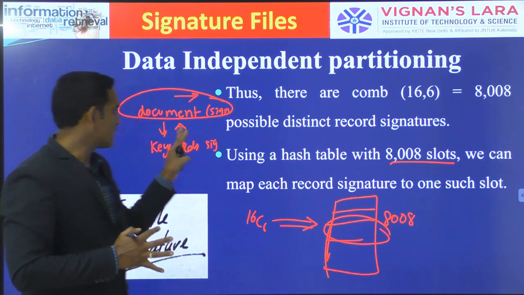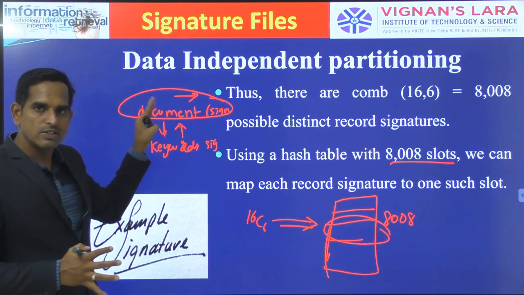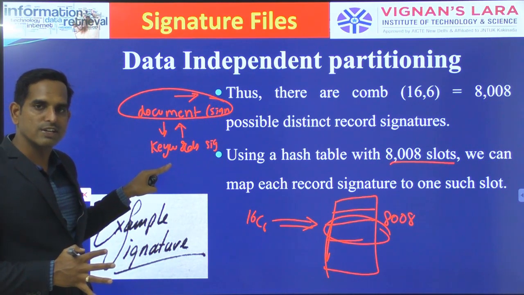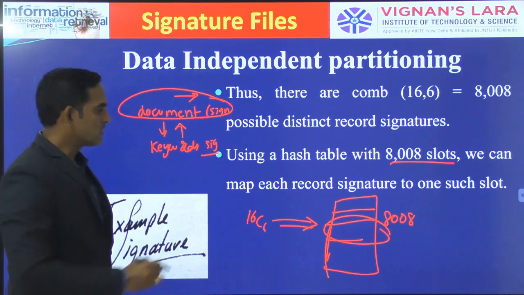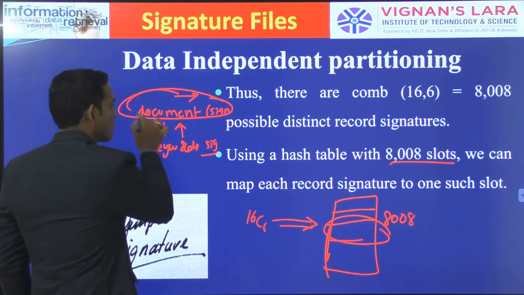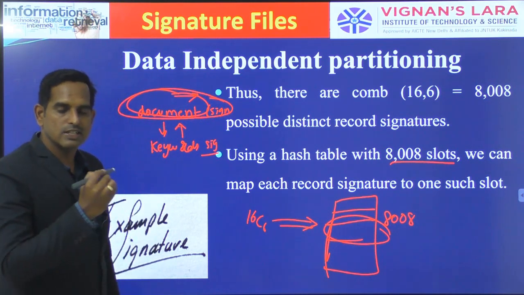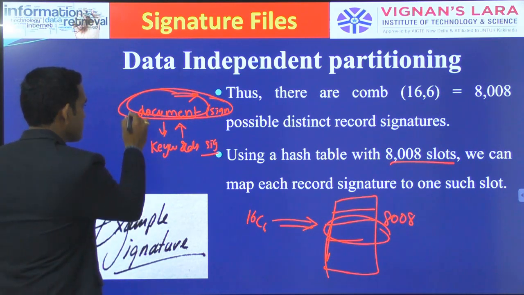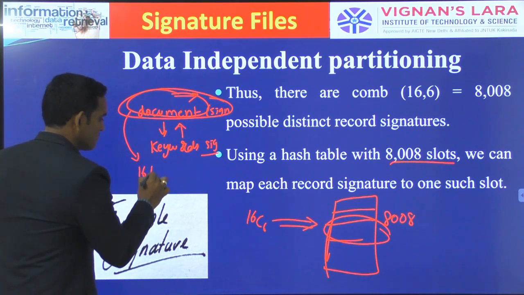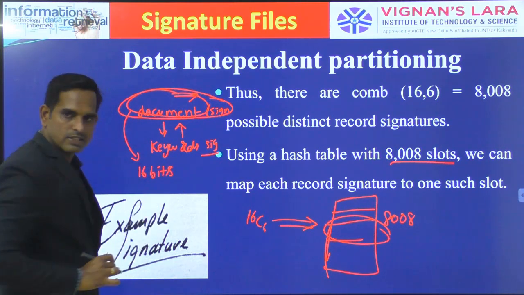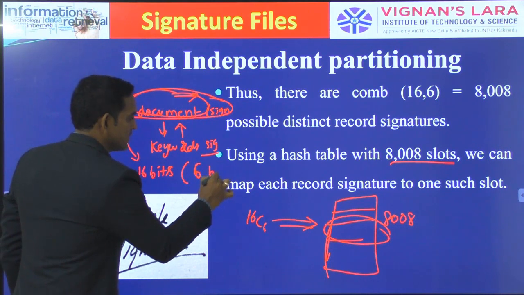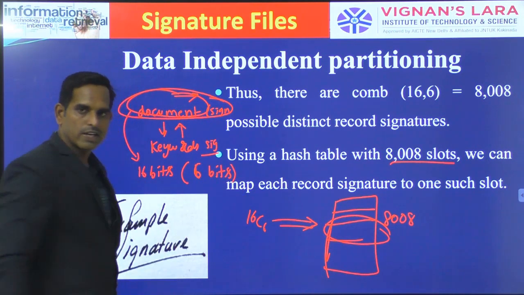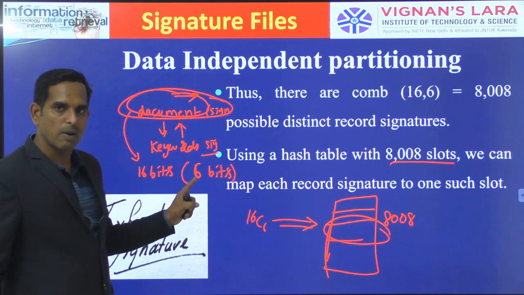So you can understand, you are having a document. For that document, you will be having a set of keywords. First, you create the signature for the keyword. Using this signature, we will create the document signature. The document signature also will be 16 bits. Among the 16 bits, 6 bits will be set.